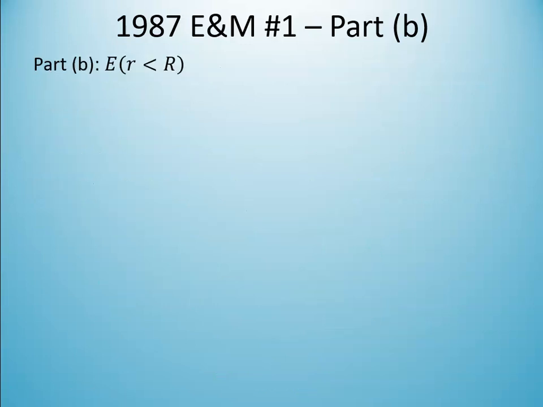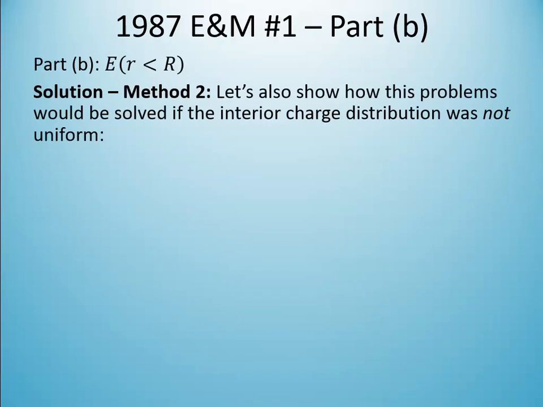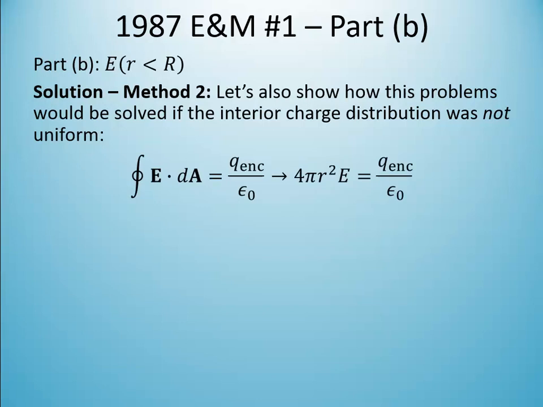Now, let's pretend that the charge density was not uniform. In that case, we would need to set up the integral anyway to find the enclosed charge, where the enclosed charge in our Gaussian sphere is equal to the sum of all of the little bitty enclosed charges, the sum of all the dq's. But what is a dq?